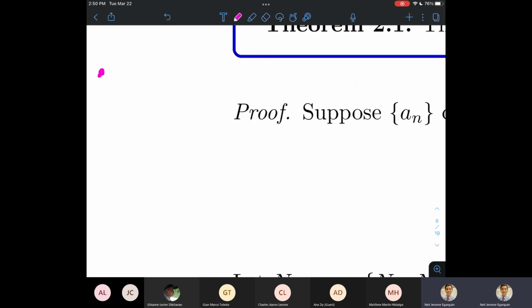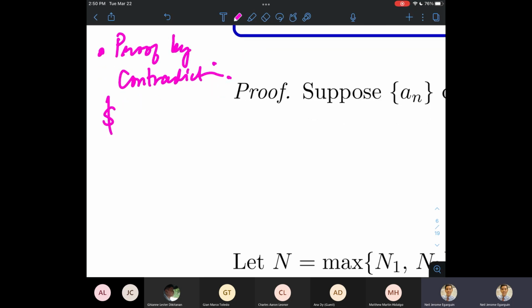Usually, we do a proof by contradiction. So proof by contradiction or an indirect proof, all right? So pagpo-prove ng uniqueness, usually you start your proof by supposing otherwise. So you suppose there are two different numbers, A not being equal to B, such that the given property holds.